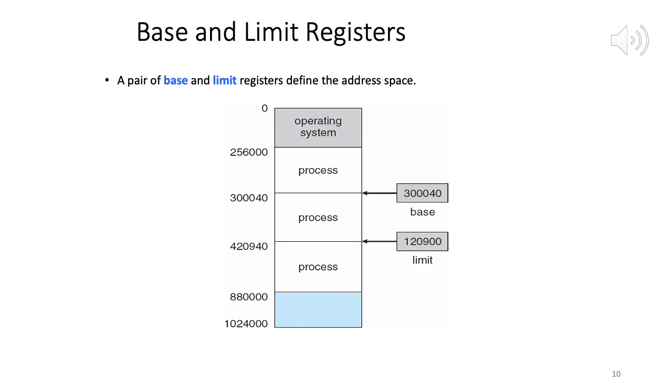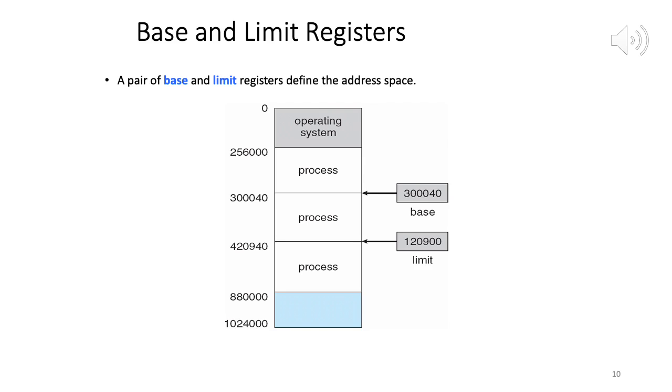So now it's clear, using the base and limit register values we can get the boundaries in terms of memory locations for a process. For this particular process its range is 30040 all the way to 420940, and if we subtract one from the other, that is the size of the address space.